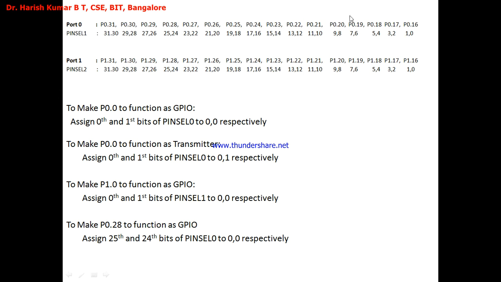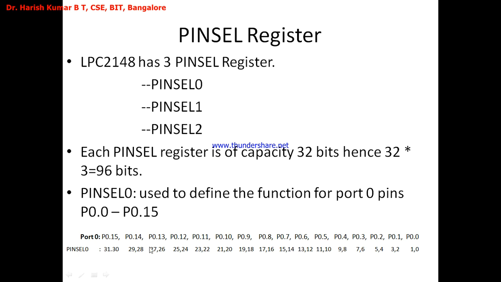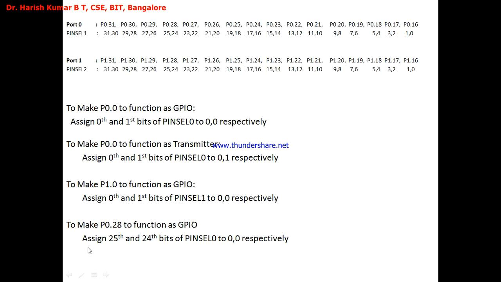Among the 32 pins of port 0, I have told you how to define the function for the pins from 0.0 to 0.15, that is by using PINSEL 0. And for defining the function for the port pins 0.16 to 0.31, I'll make use of the PINSEL 1 register.